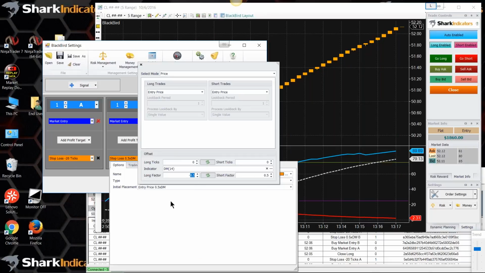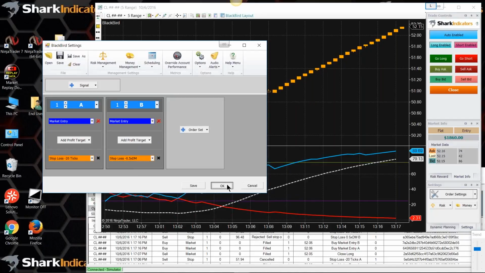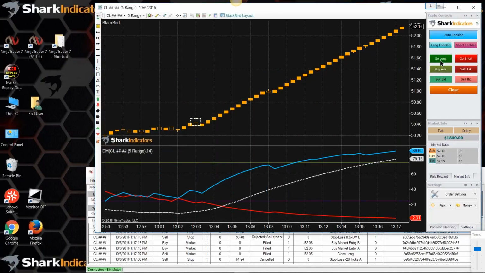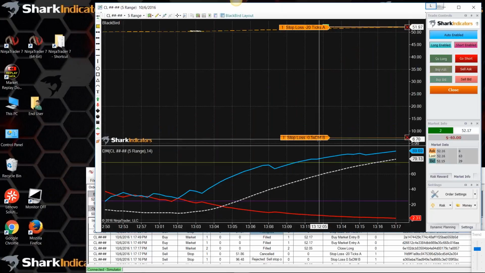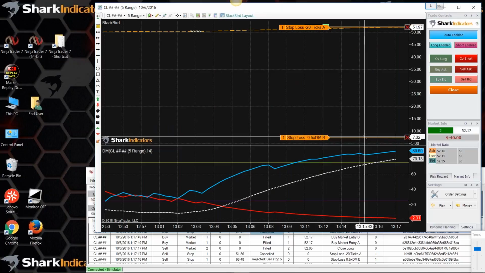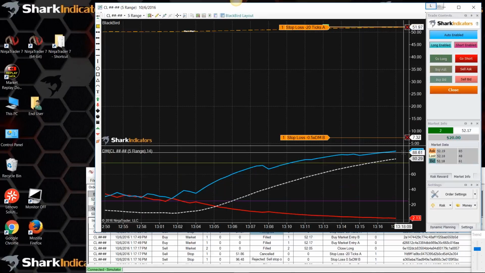Yeah, I need to set my long factor to a negative value there for a stop loss. All right, and there we go, using the DM indicator to set my stop loss way, way down. So there you go, Frank. You'd have to figure out what kind of multiplying factor you'd want to use with the DM indicator there.